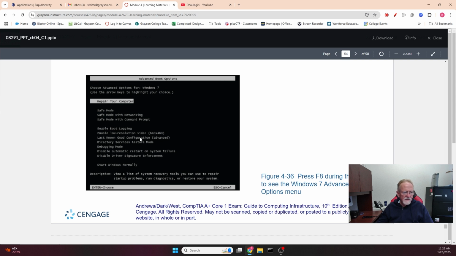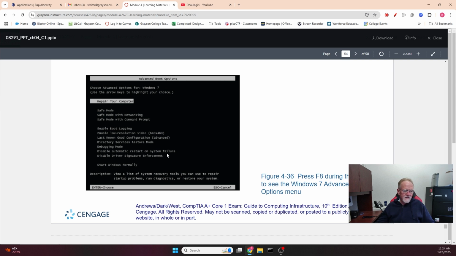You can go back to the last known good configuration. This is particularly for configuration errors. Use a restore point and go back to where it was working. That's what that does. Debugging mode will just log a lot more stuff. Unless you really know what you're doing, which you probably don't, it's not going to be that helpful, but you should become familiar with it to the point where it does become helpful.